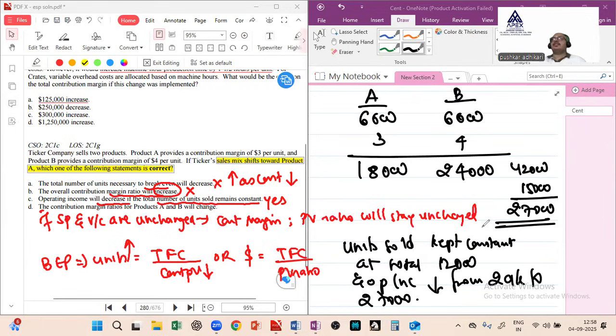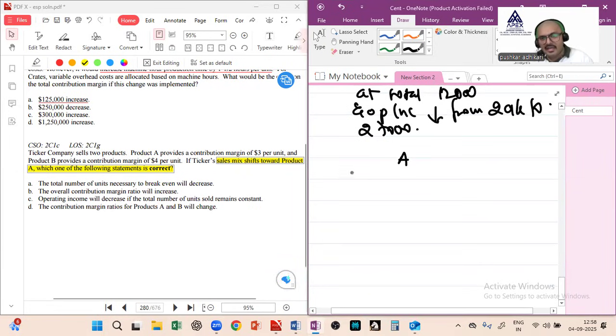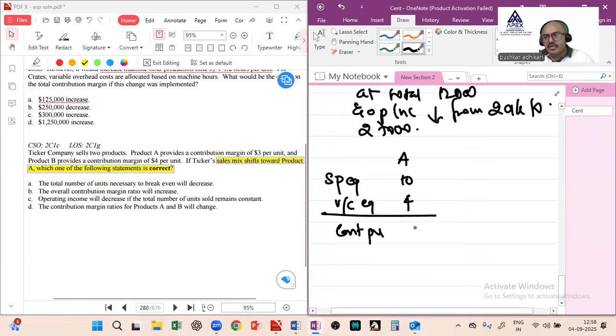Please try to understand this concept very, very clearly. Look, I may change the number of units sold. See, I have a selling price, for example, 10, variable cost, for example, 4. So, what is my contribution per unit? My contribution per unit is 6. So, what is my contribution margin ratio?